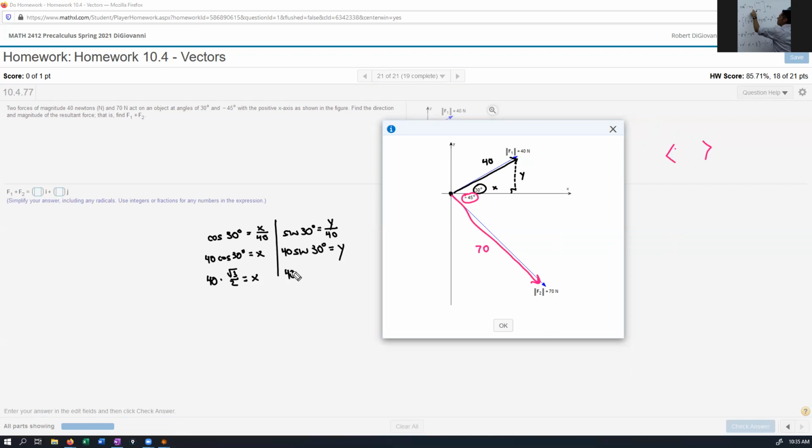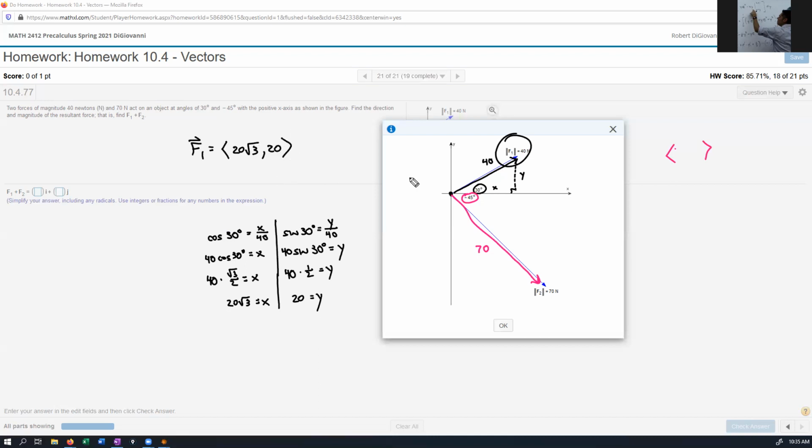And then over here, sine of 30 is 1/2. So we get Y is 20, and we get that X is going to be 20 √3. So here's what I know about this first vector. We're calling it F1. It is the vector 20 root 3, 20.